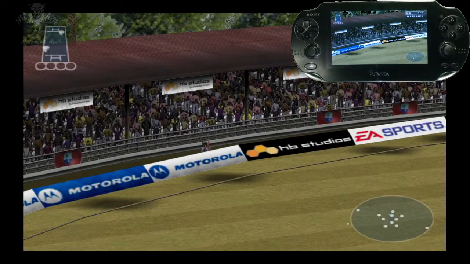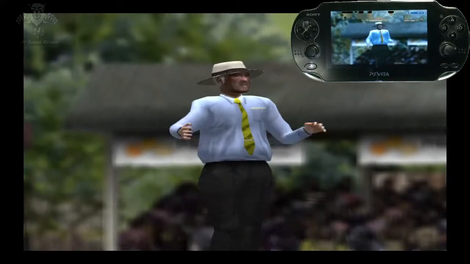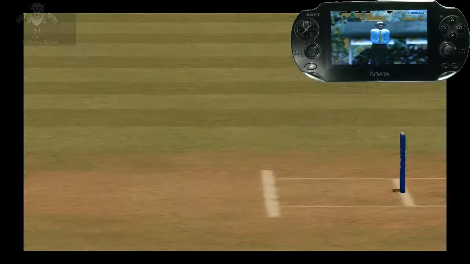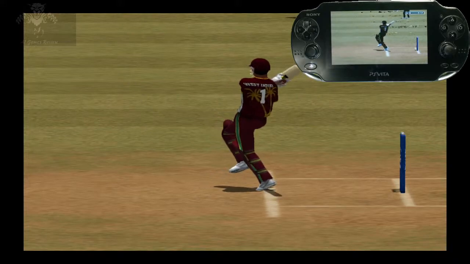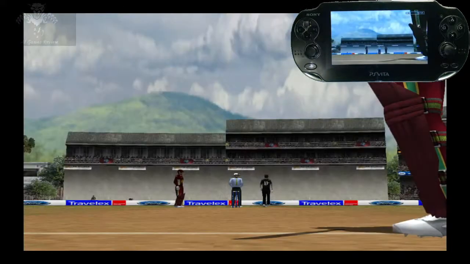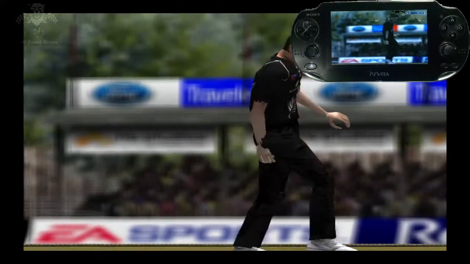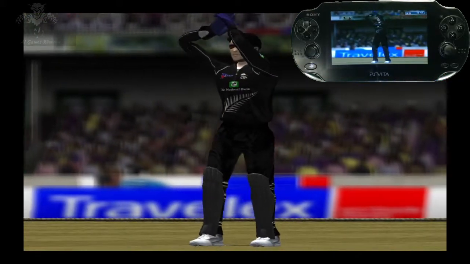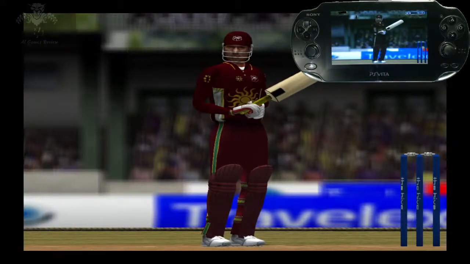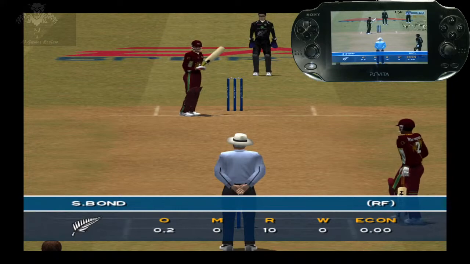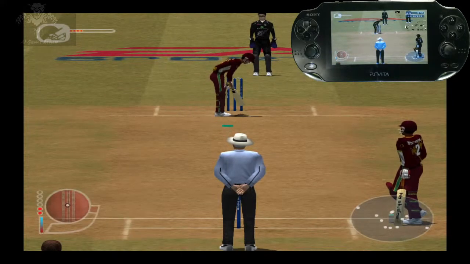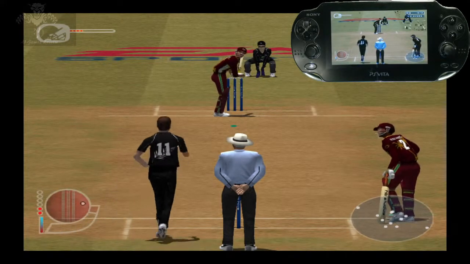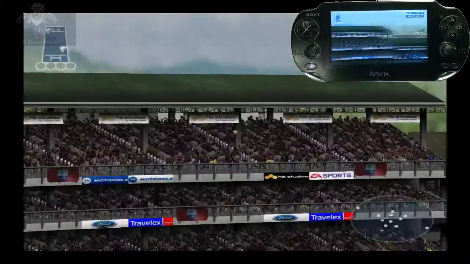He hardly seemed to hit it, but it's gone for six. Out of the ground.